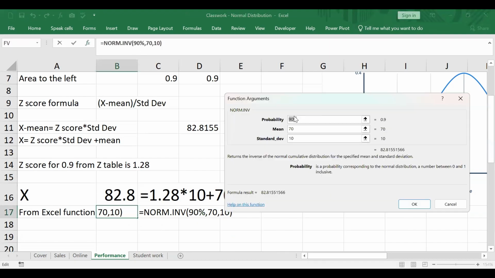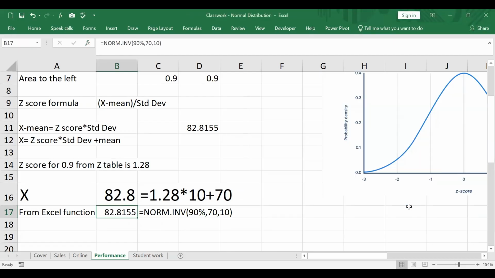So use the formula. 90% is the probability, mean is 70, standard deviation is 10, and that comes to 82.8155. So this is a simpler method. If Excel supports NORM.INV, use it. Otherwise, you have to use the Z table.